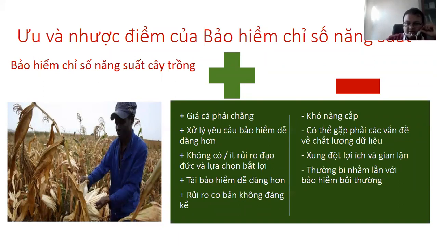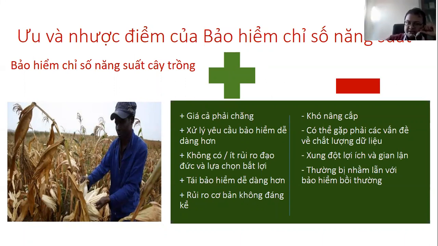One of the other downsides we have seen also in other countries is yield index can sometimes be confused with indemnity insurance. If you think back to the definition of crop indemnity insurance, that was also based on the experience of the crop in individual farmers' fields, or based on the losses which are reported.